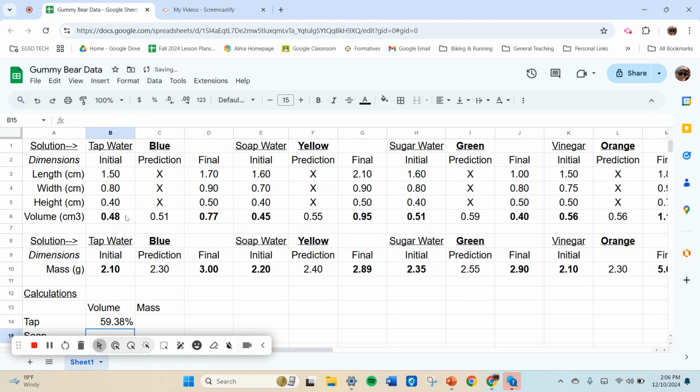Boom. That gummy bear grew 59.38%. Mass, same thing. Equals, open parentheses, final mass minus initial mass, close parentheses, divide by initial mass. And its mass grew by 42%.